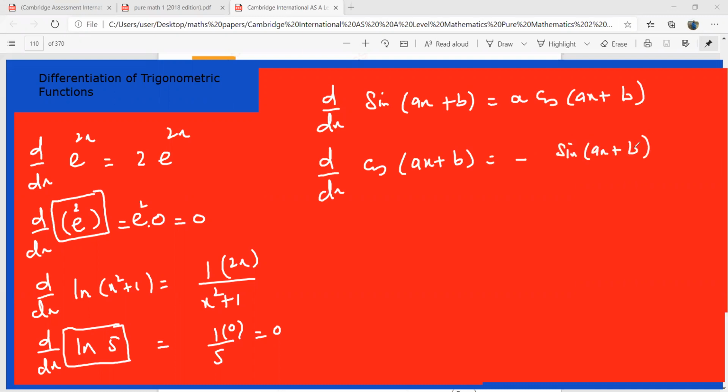Remember this minus from cos to sine. So this a is the derivative of ax plus b. And then for the tan, you have tan ax plus b. So this will be a secant square ax plus b. Okay? If you know these rules, then we can try some questions from here.